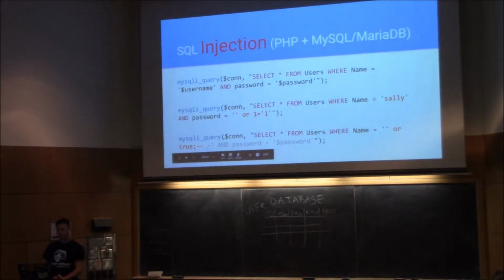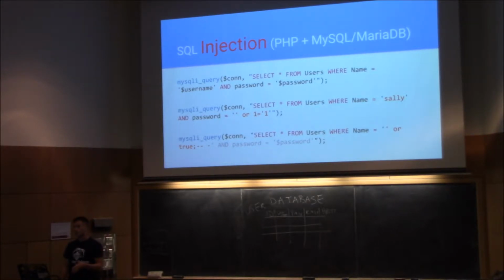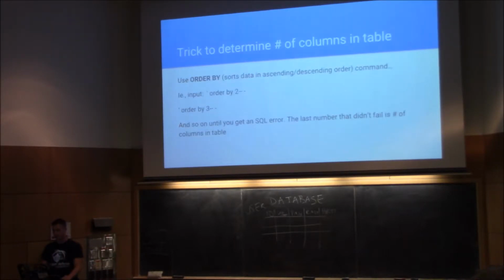The reason the extra dash is here, from my experience, is that typically you need to have something after that ending comment for it to be valid SQL syntax. And so we're basically commenting out the rest of the query. So now we're saying we're not going to input a name or a password, and we're just going to select from users when true, and that's going to give us all the information in the users table. It's just going to dump it all out for us.